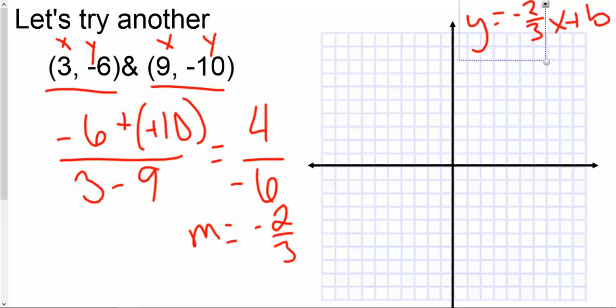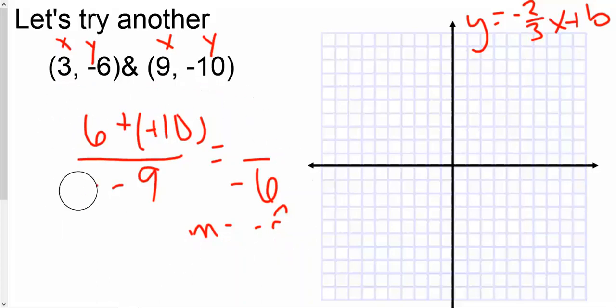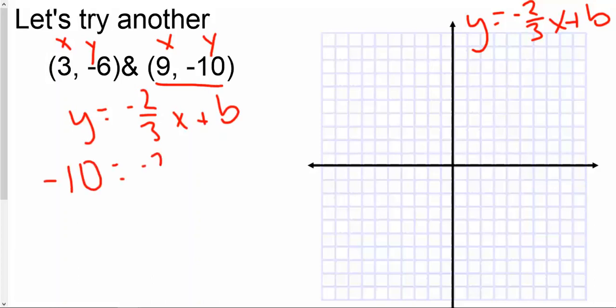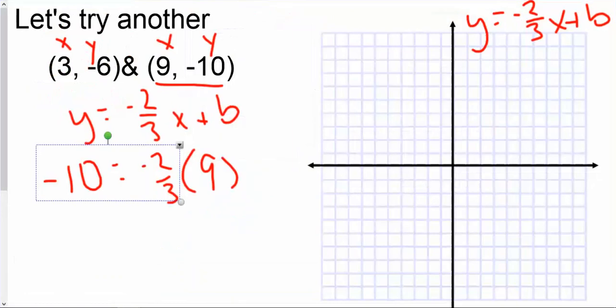Again, I start with this slope-intercept form and then figure out what b is afterwards. So to figure out what b is, I'm going to plug in either point. So y equals -2/3 x plus b. Let's plug in 9, -10 here. So -10 goes for the y value, and 9 goes for the x value. Oops, sorry about that, guys.